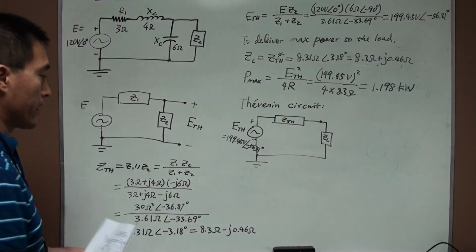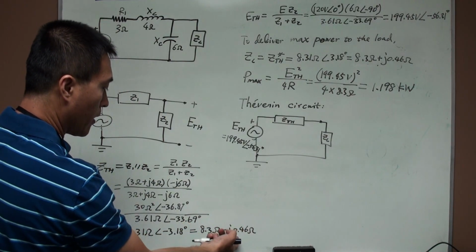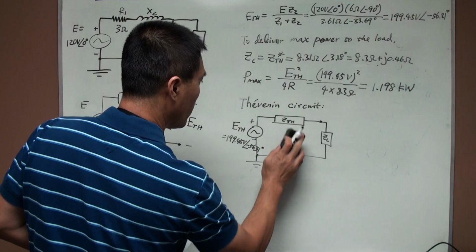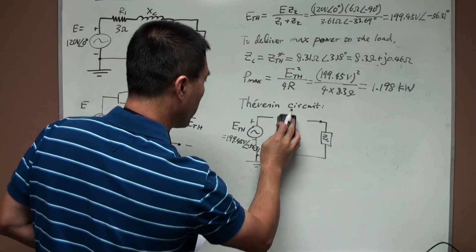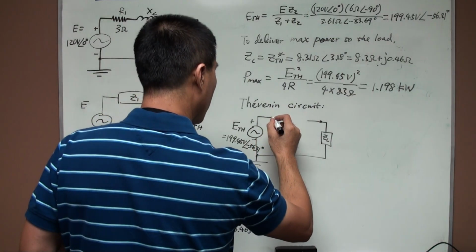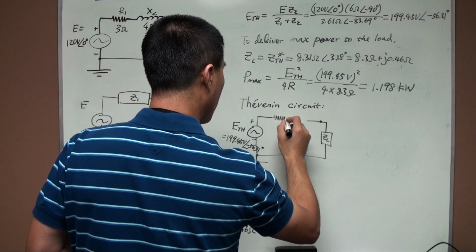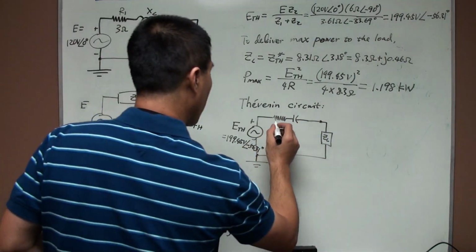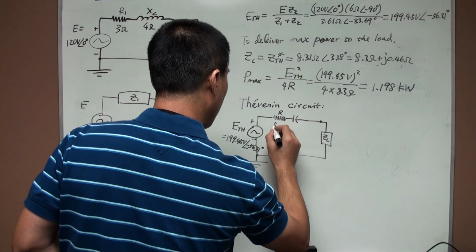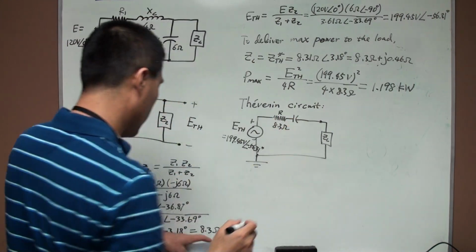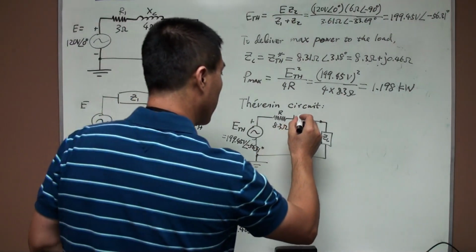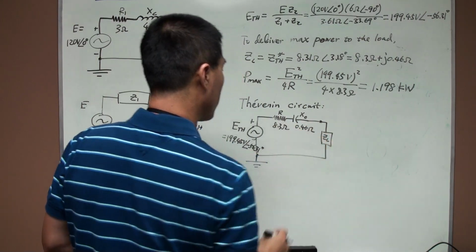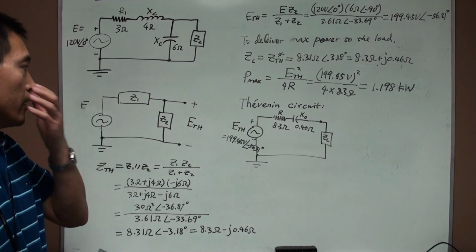ZTH is in fact a resistor with a capacitor, so we redraw it as a resistor with a capacitor. R is 8.3 ohms, and the capacitor has an XC of 0.46 ohms. That would be the Thevenin equivalent circuit.